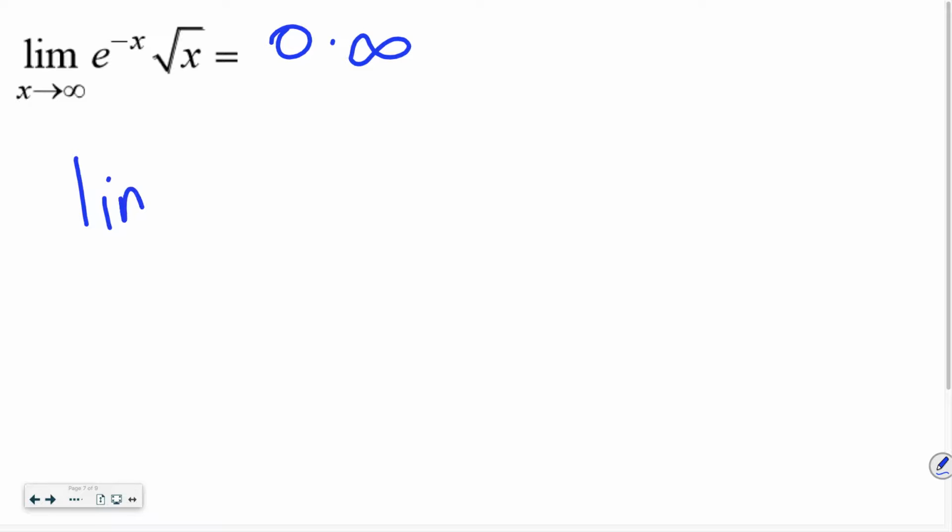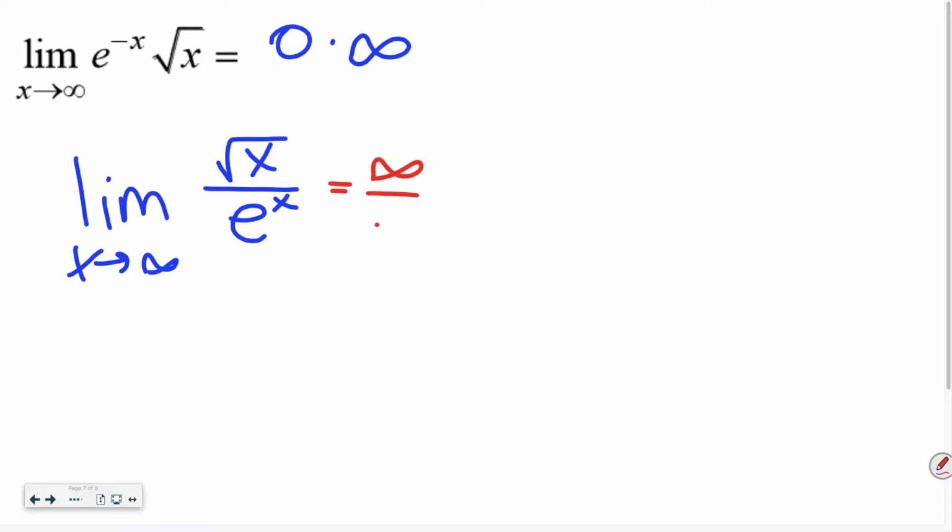Okay, so we can take e to the negative x and make it a positive e to the x in the denominator. Now we have the official indeterminate form of L'Hopital's rule, infinity over infinity, right?